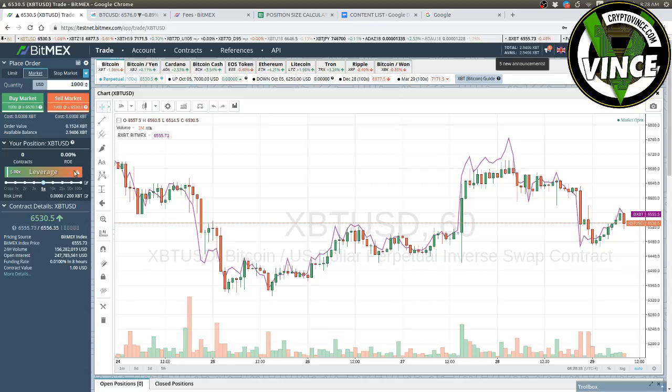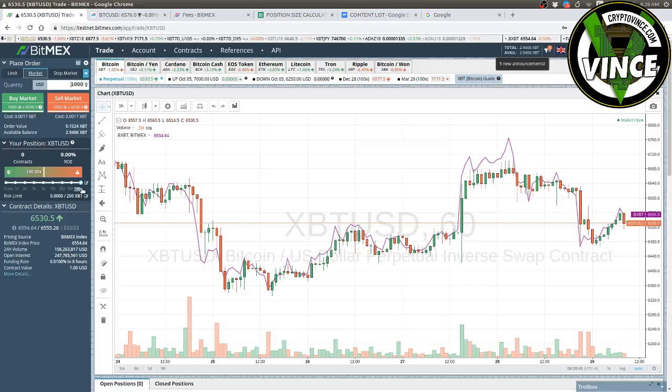That's the main thing about BitMEX and leverage trading. If I use 100 times leverage, the cost of this position will only be 0.00117 BTC, and I will still have $1,000 on my position side.